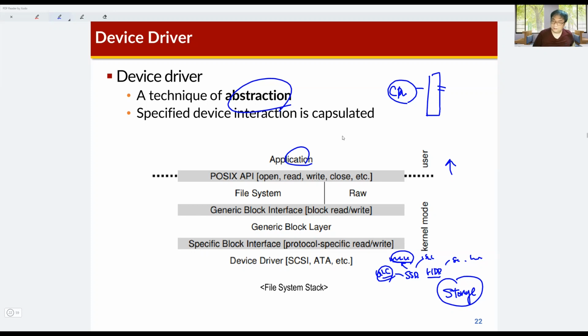In a C program, we just define the file pointer to some file. We define the file pointer, and then using this file pointer, we open this file, right? And we read the data inside of this file.